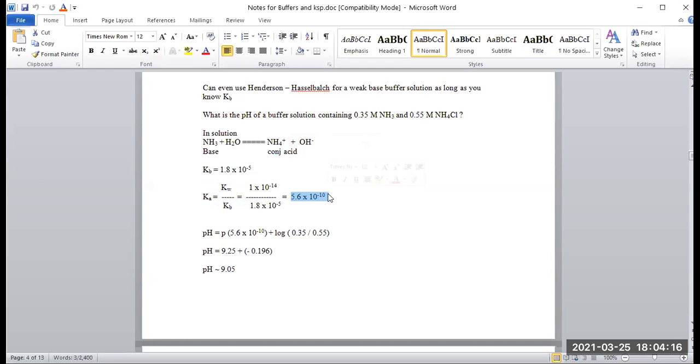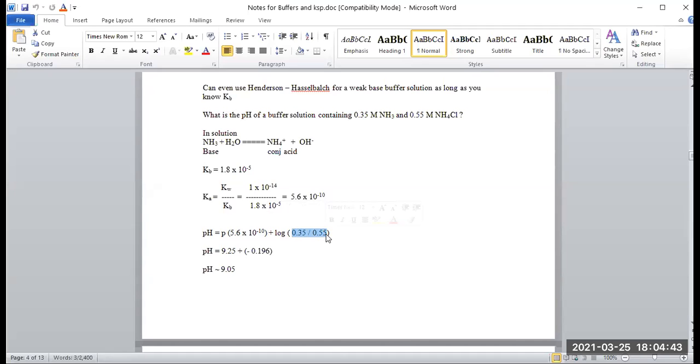But then I can actually go back and put this into my equation, because here's pH, so P negative log of my Ka that I just calculated, and look at my values here inside my second set of parentheses. Remember that it has to be base over acid.